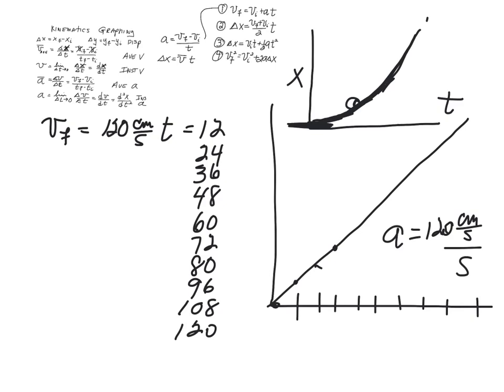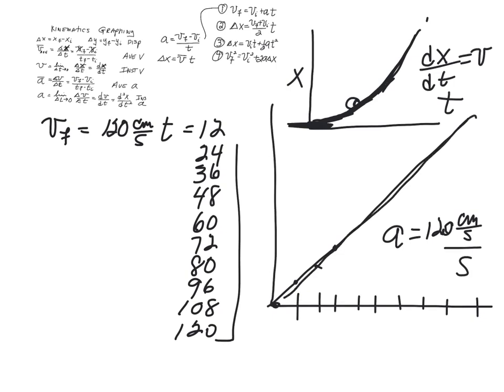And so the slope of this is dx/dt, and that is the velocity. But it's hard to actually get it by measuring the slope, so we use this to calculate the numbers. And the slope of this line is the acceleration, which is constant.